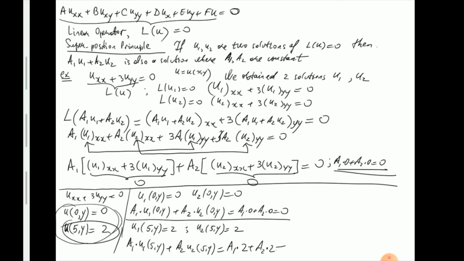So of course that may not be equal to 2, right? This may not be satisfied if it's not 0. So that's why this superposition principle, which states that if I have two solutions, the linear combination is also a solution, again refers to a homogeneous problem including boundary conditions.